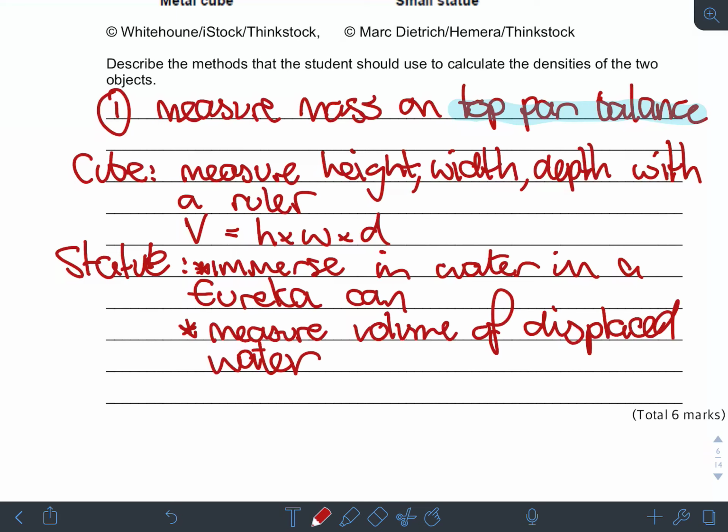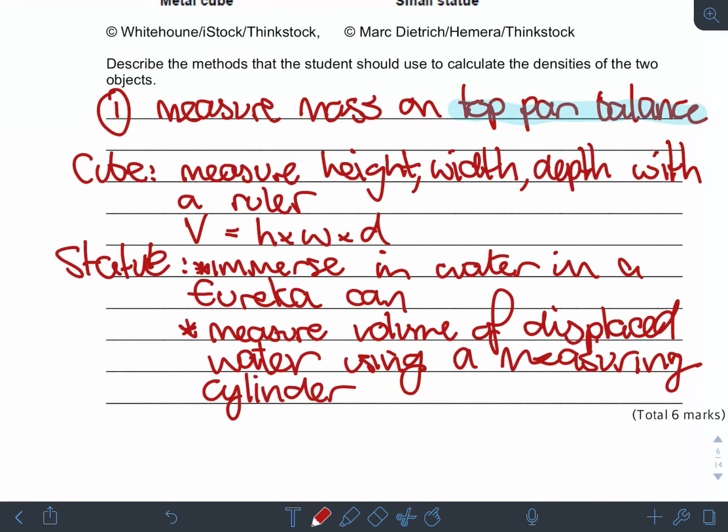And you would do that using a measuring cylinder. So now we've got the mass for both up here. We've got the volume of the cube, we've got the volume of the statue.